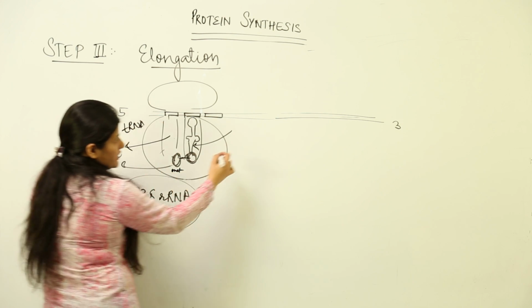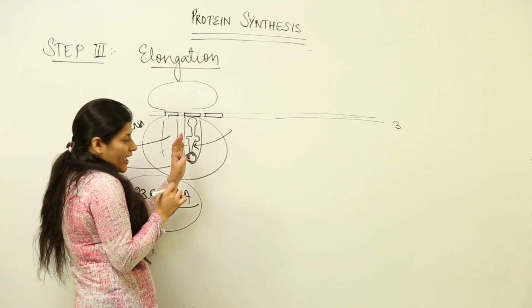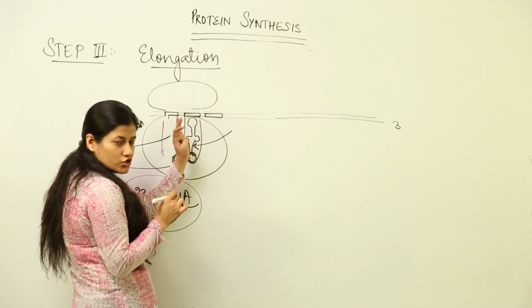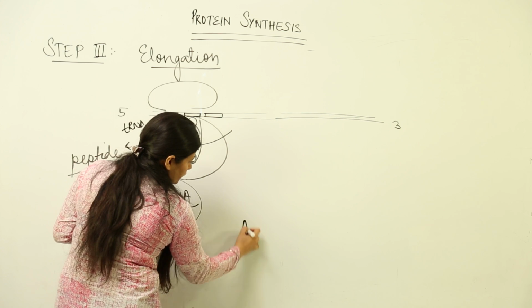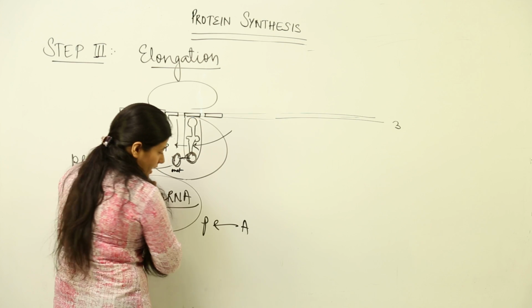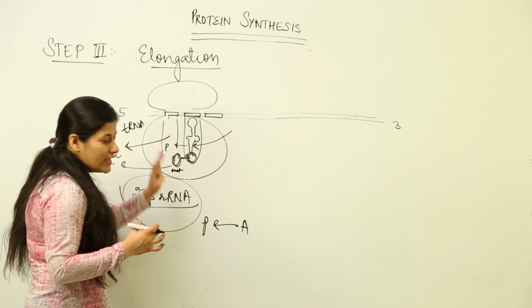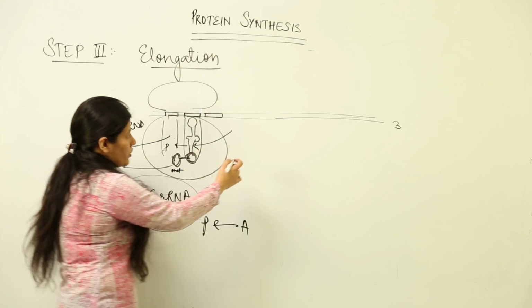What happens in the next step is that this A site is again emptied and this particular charged tRNA shifts to the P site. So, there is shifting from the A to the P site, and where has the previous P site occupant gone? It has left, leaving behind the amino acid which is joined by a peptide bond.